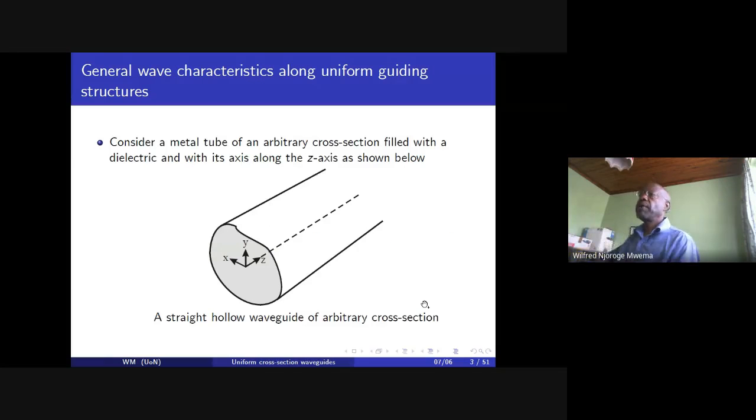Now we consider a metal pipe, say for example a water pipe, but we are saying it has an arbitrary cross-section but uniform, and it's filled with a dielectric with its axis oriented along the z-axis as shown. So the z-axis is in that direction, the y is the vertical, and the x is moving in that direction in a right-handed Cartesian coordinate system.